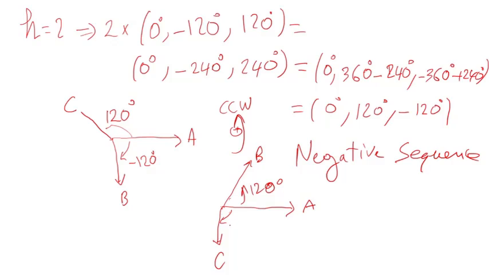But here is C, it's negative 120 degrees. So if I assume counterclockwise rotation, if this is a line, A will cross the line, then C will cross the line second, then B will cross third, which is negative sequence.